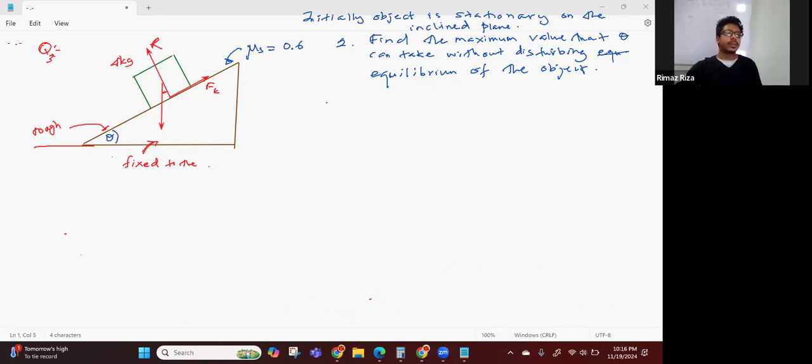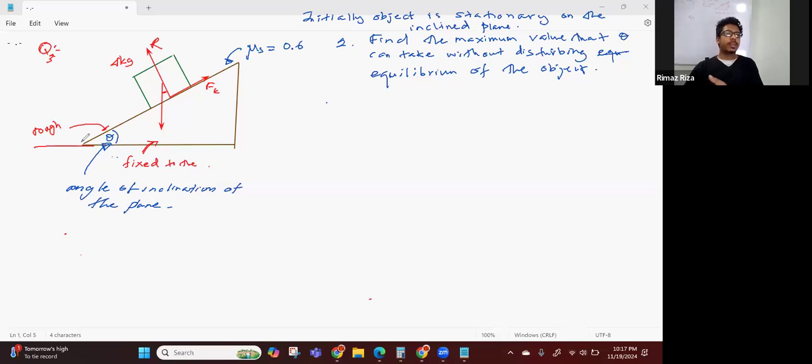Theta is the angle. Yeah, this angle I have marked. The inclined angle. Angle of inclination of the plane. So the question is, you have to find the maximum value of theta. Theta is variable, right?